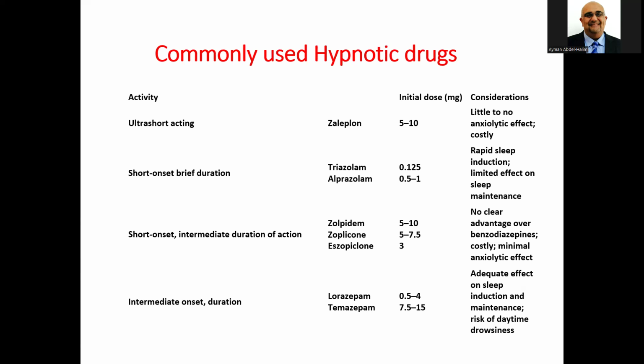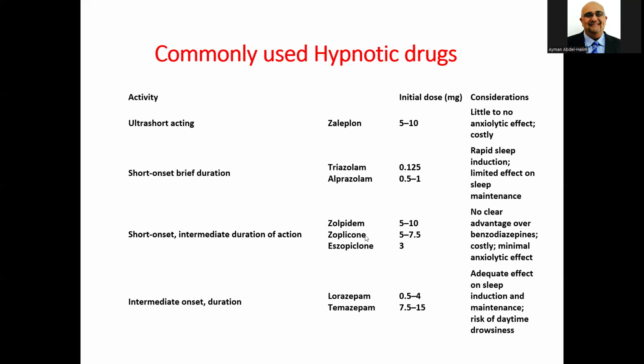Okay, so commonly used hypnotic drugs. We have ultra short acting, short onset brief duration, short onset intermediate duration, and intermediate onset duration. The ultra short is like zaleplon, short onset brief duration is triazolam, and short onset intermediate duration of action is zolpidem, zopiclone, and eszopiclone.